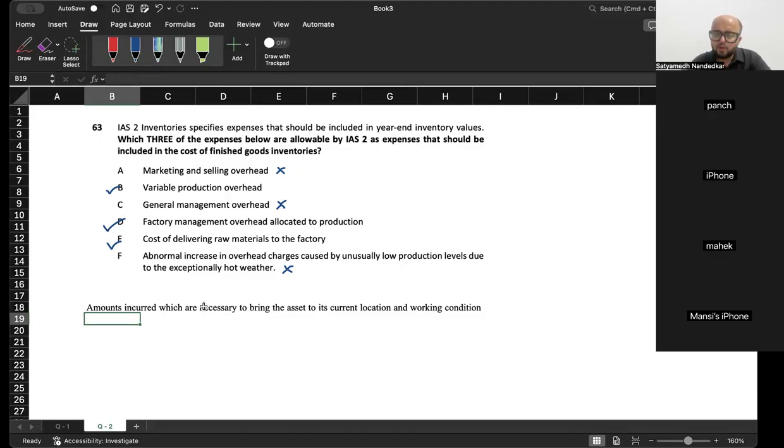What has this got to do with production? And have they mentioned which type of overhead charges we are talking about? They have not specified anything, right? So we cannot just straight away assume that these charges relate directly to production, right? Yes. Okay.